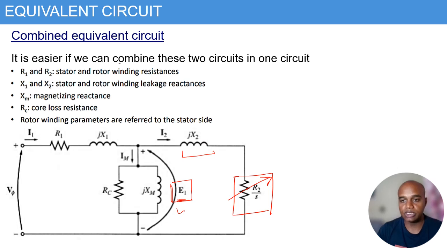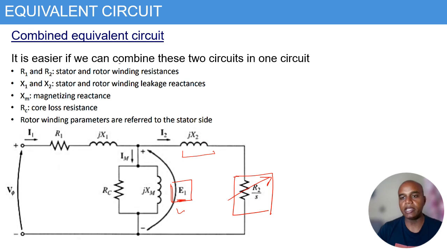However, we always need to keep in mind that the resistance of the rotor does not depend on the slip. It is constant. The reactance varies with respect to the slip. It is very obvious. It is the generalized thing.